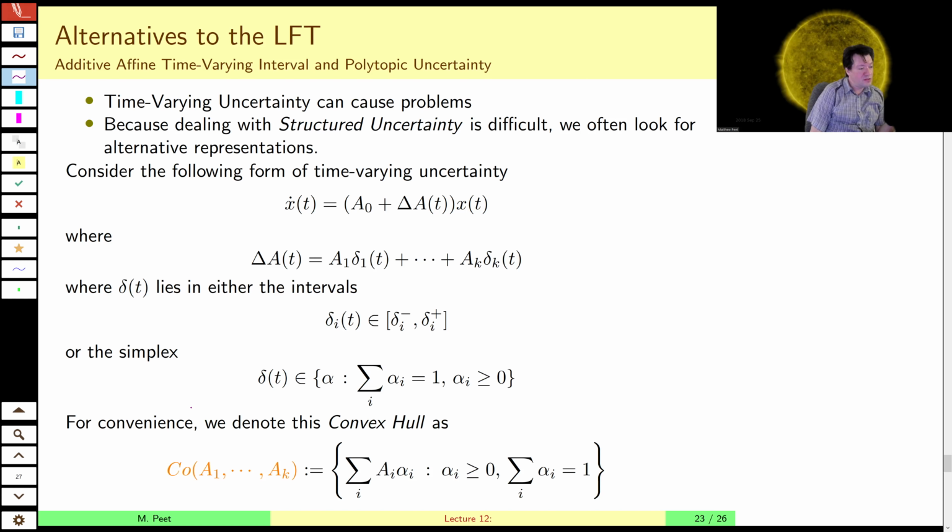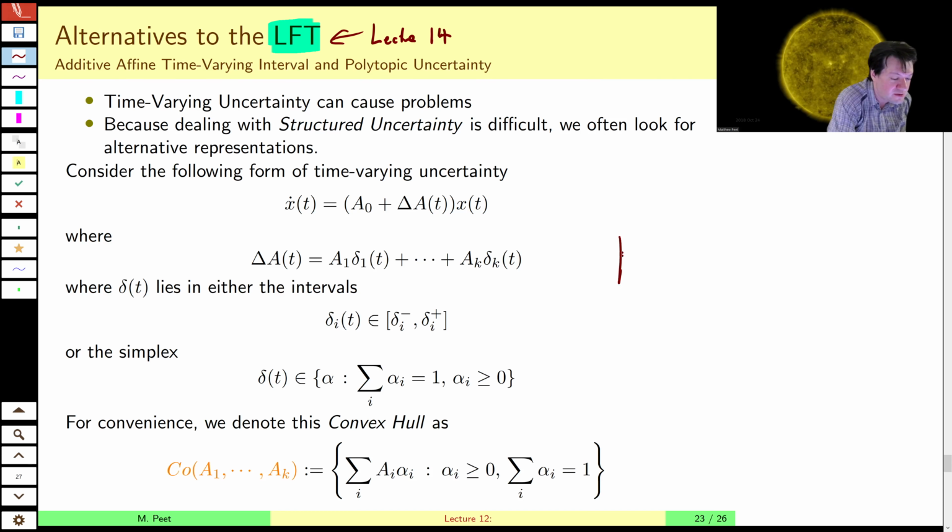However, before we get started working with the LFT per se, which we're not going to do in the next lecture, we're going to do it in lecture 14, there are certain circumstances where we don't need the LFT, and in fact, there are certain circumstances where it might actually be advantageous not to use it.